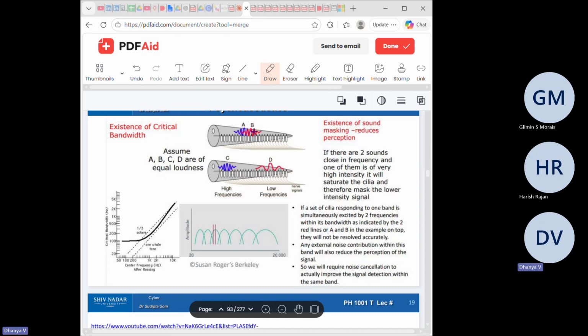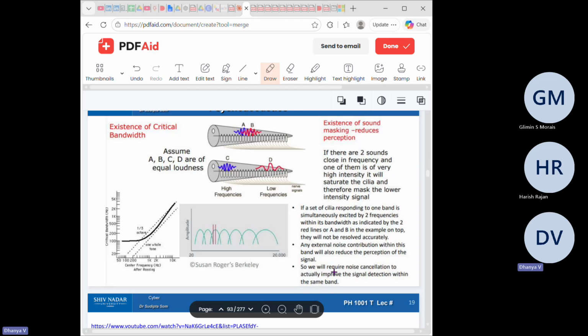So any external noise contribution within this band will also reduce the perception of the signal. Already the perception is not really clear. If the intensity is more, then of course that will mask the other one. But if both are at similar frequency levels, there's definitely some amount of noise that's getting masked. So even if there's more external noise, it adds more to the mask.